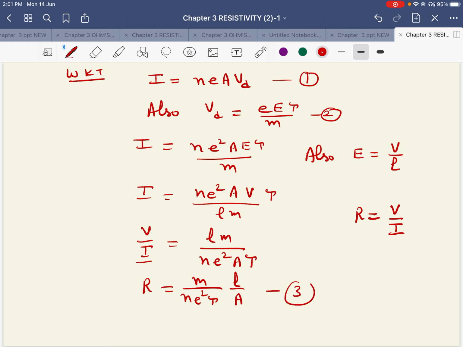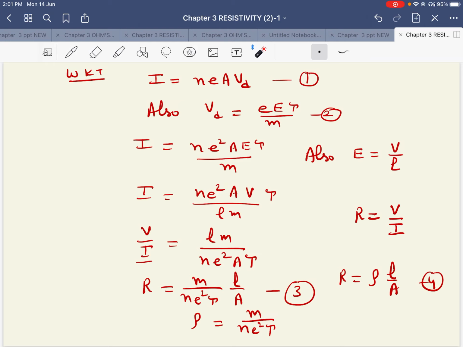This is equation number 3. Also we know that R is equal to ρL upon A. This is equation number 4. Compare equation number 3 and 4. Resistance is proportional to L upon A, so this term, that is resistivity, will be equal to this term. Therefore we can write resistivity ρ is equal to m divided by Ne²τ.